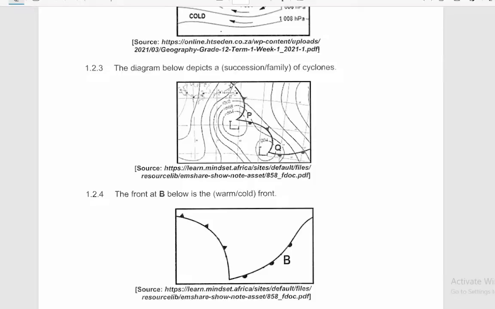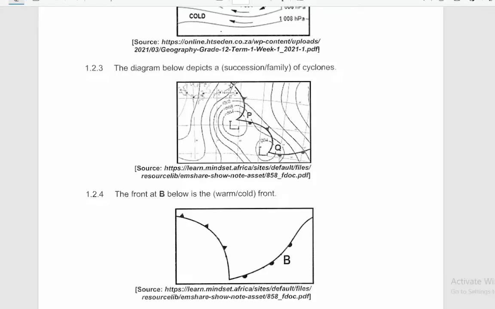So basically the correct response here is succession of cyclones. They are succeeding each other. They are forming in the same geographical space over a short period of time. And definitely they will succeed each other. As one moves, the other one is going to occupy the space which has already been affected by the other. So the correct response there, we go for a succession of cyclones. Then we move on to the next question.